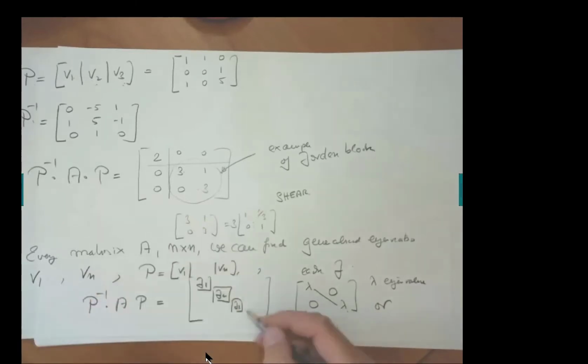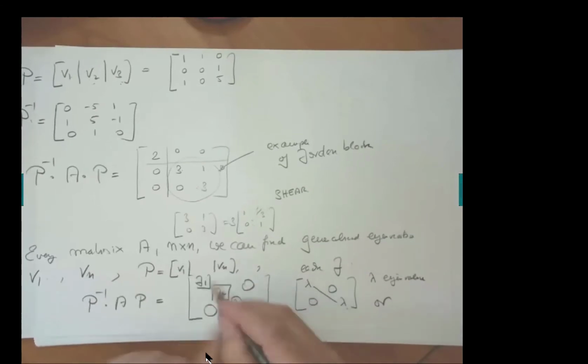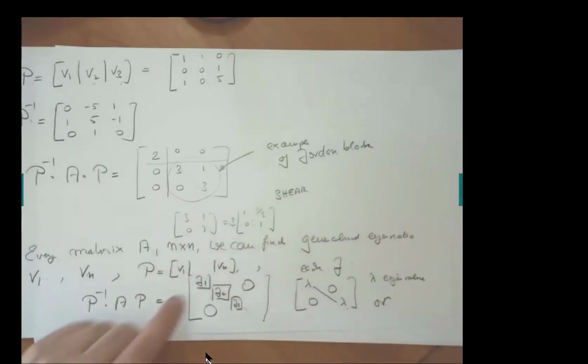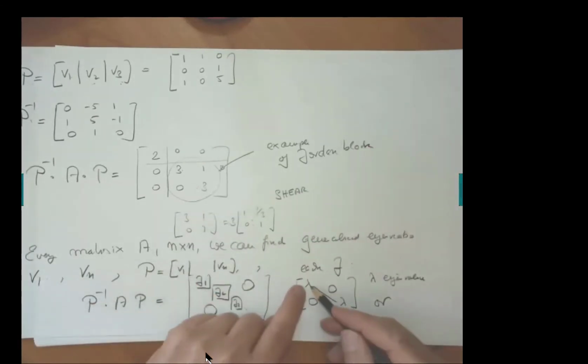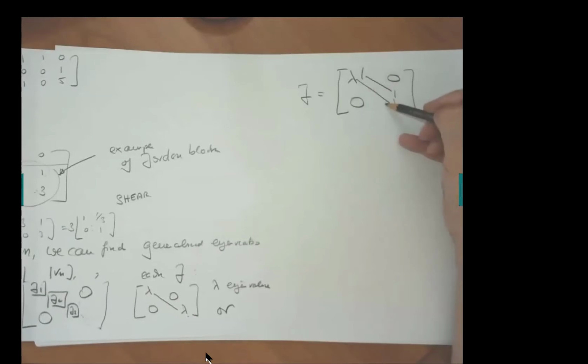And I don't know how many there are. And when I say this, it means outside is always everything is 0. And each of these guys is either a diagonal matrix with eigenvalues or diagonal matrix with eigenvalues plus a 1 on top. Okay, thank you. So that means every matrix can be written in this form.